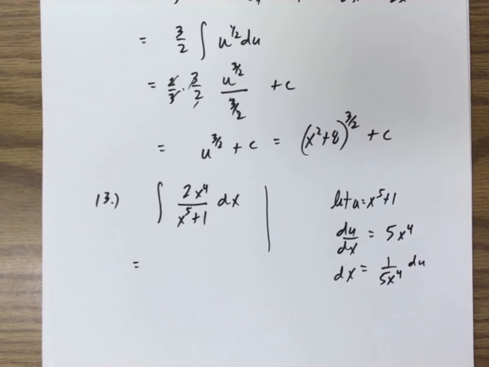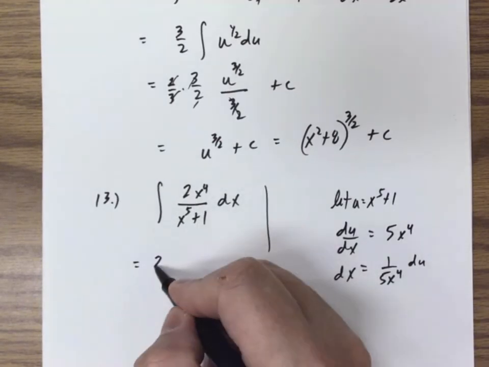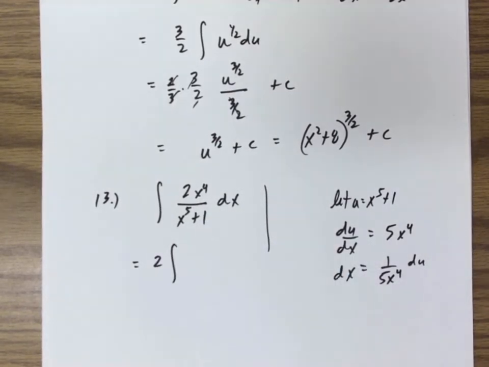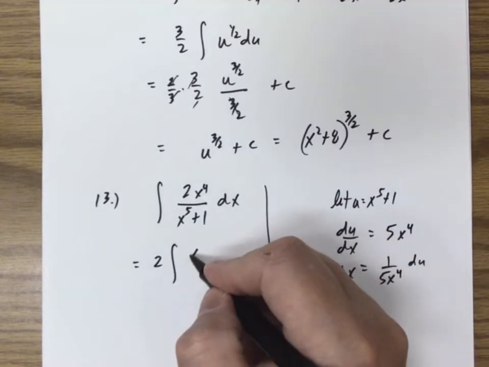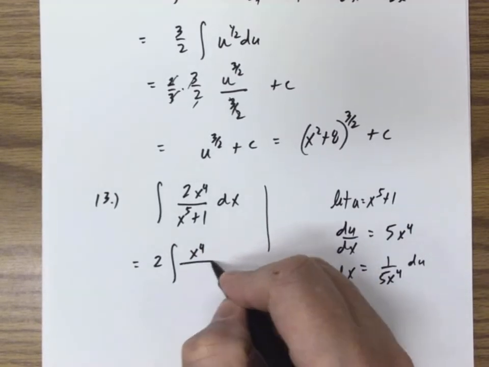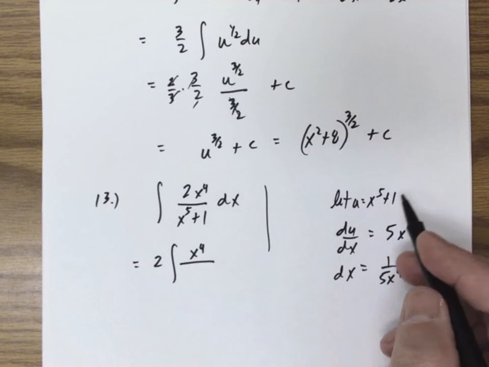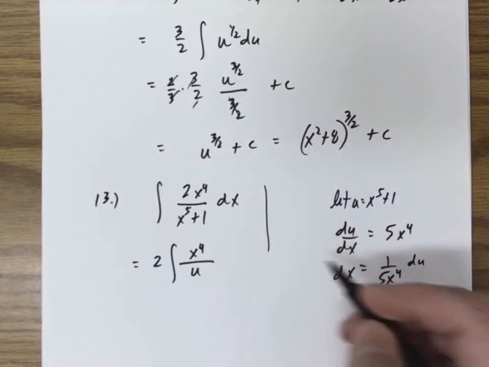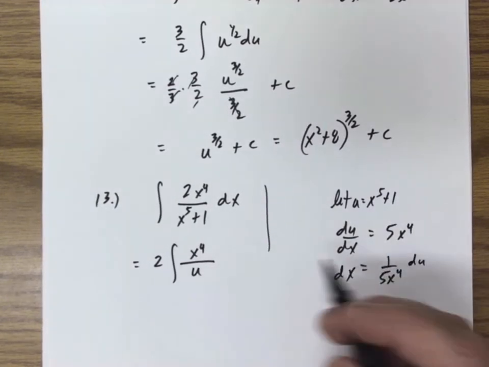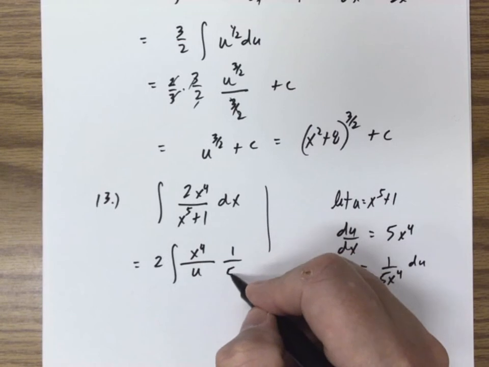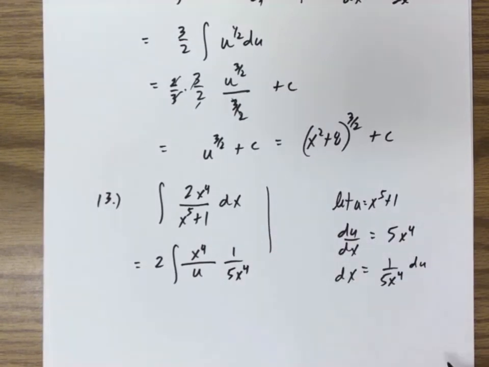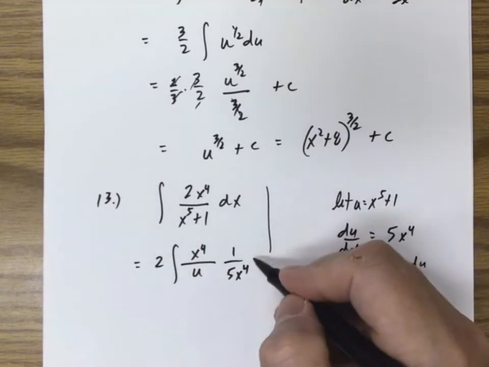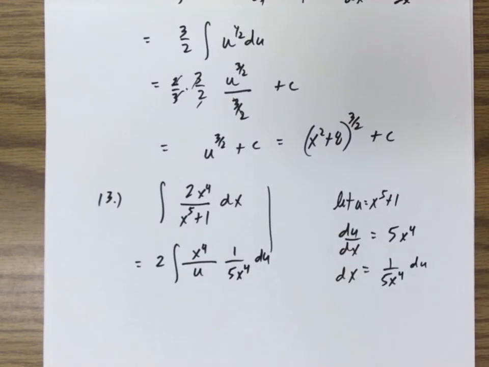So now substitution. First of all, the 2. x to the 4th, I'm sort of stuck for now. x to the 5th plus 1 is my u, but dx is 1 over 5x to the 4th times du.